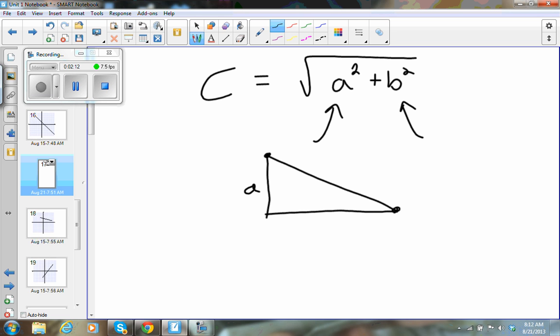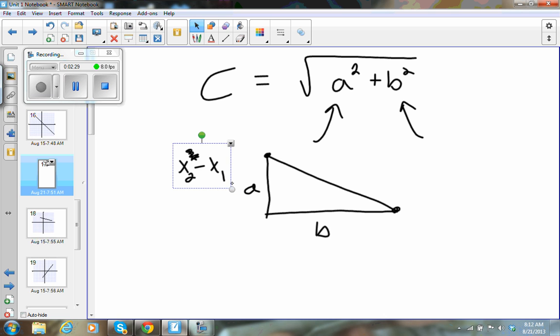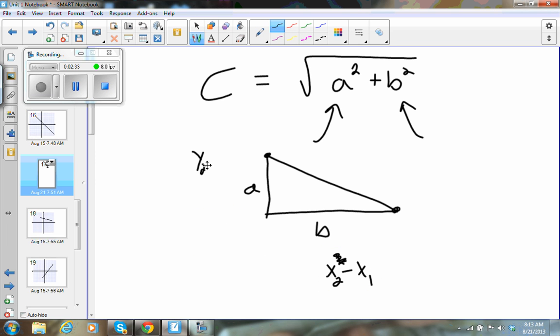So this would be A, this would be B. We also found it by subtracting our x coordinates, so (x2 minus x1) squared, plus (y2 minus y1) squared. So those were 2 ways that we found the distance for the distance formula.